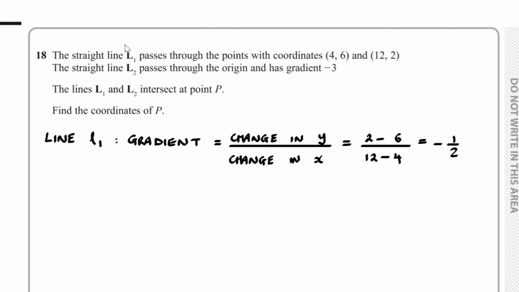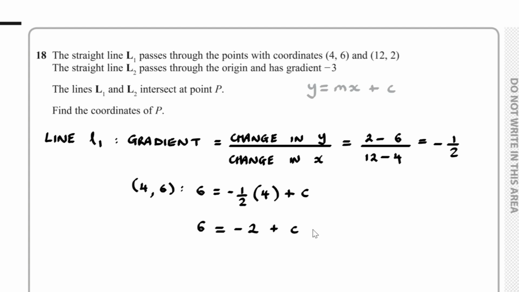And what we can do is use the fact that the equation of a straight line is of the form y equals mx plus c. So if I pick the point 4, 6, say, I've got my y coordinate 6, that's equal to m, which is minus 1/2, times x, which is 4, plus c. So I've got 6 equals minus 2 plus c.